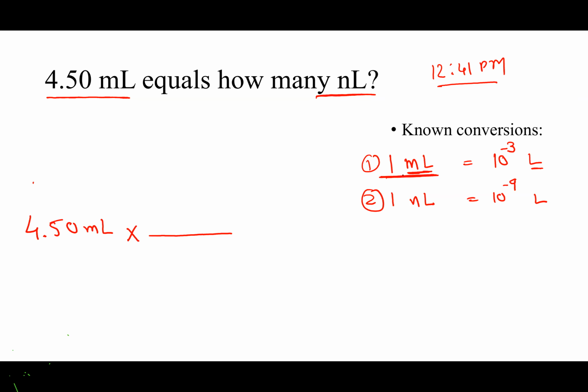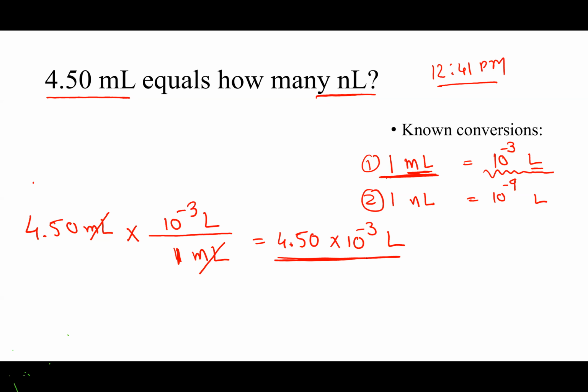This one goes in the denominator, because we want to cancel out the given unit, so we put the mL at the bottom. It means this side goes on the top, 10 to the power of -3 liter. If I cancel this unit out, I would have my answer as 4.50 multiplied by 10 to the power of -3 liter.